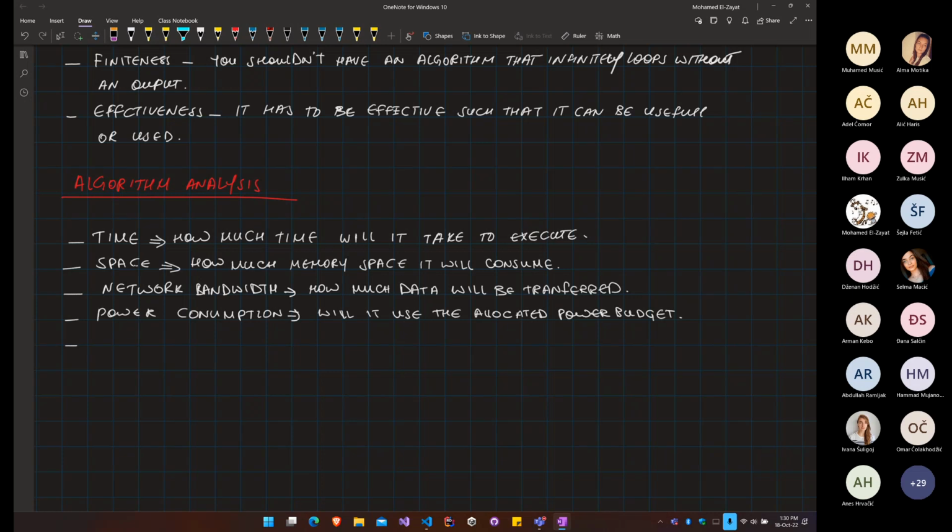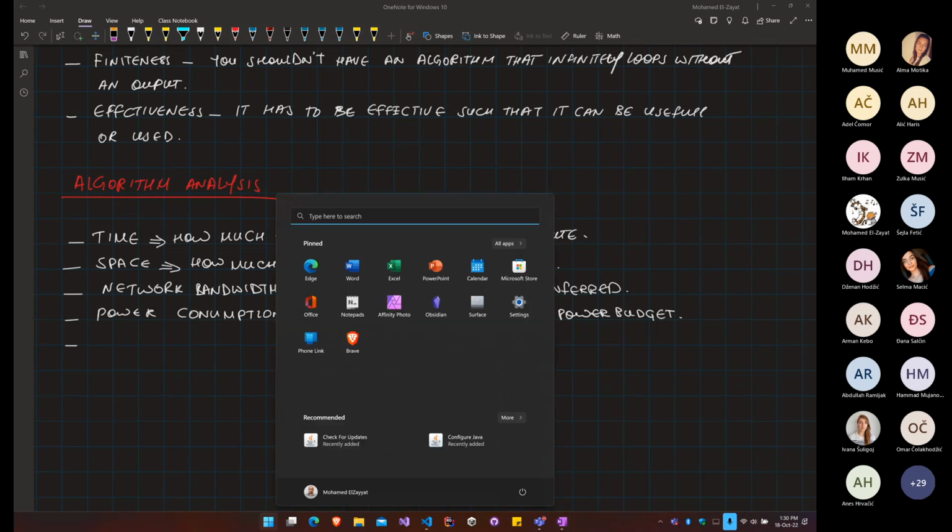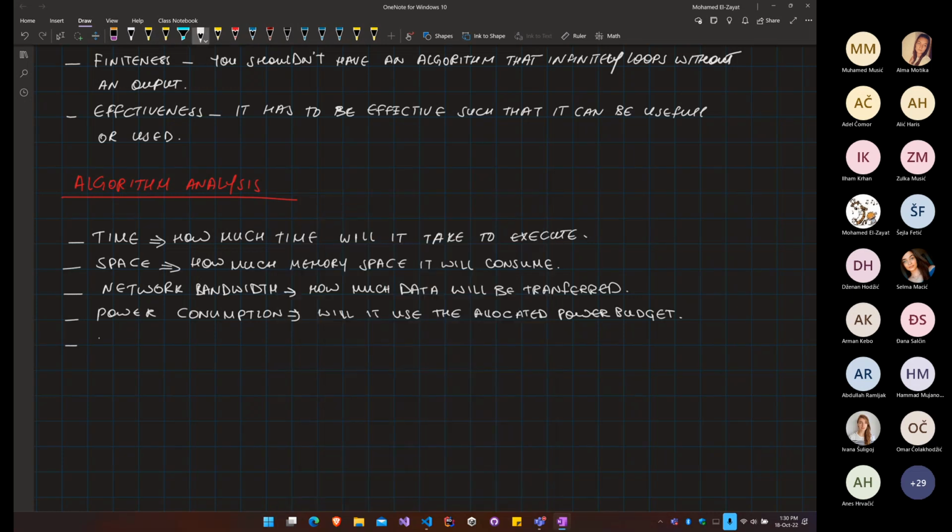Now, the last thing which I would like to mention regarding algorithm analysis is the CPU registers, which is actually very closely related to embedded systems.